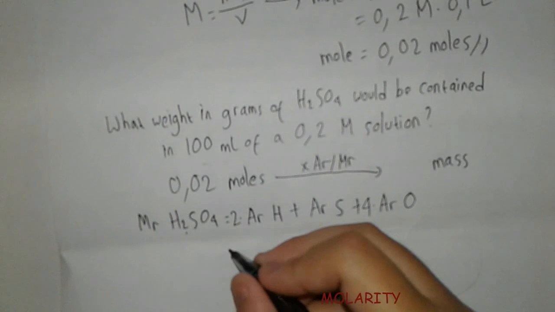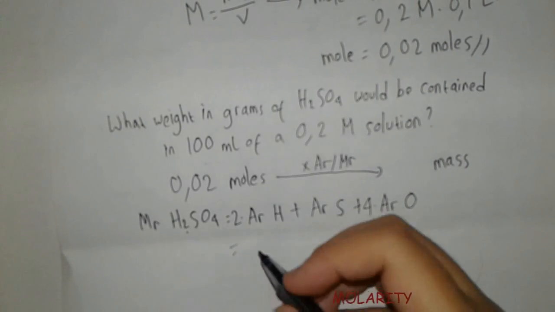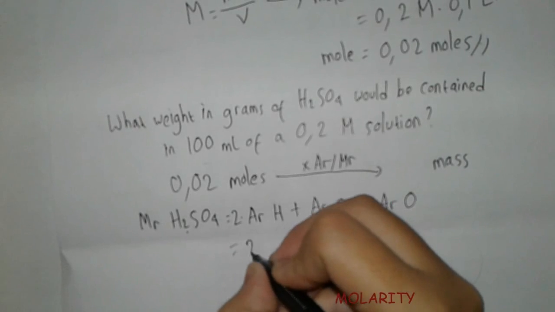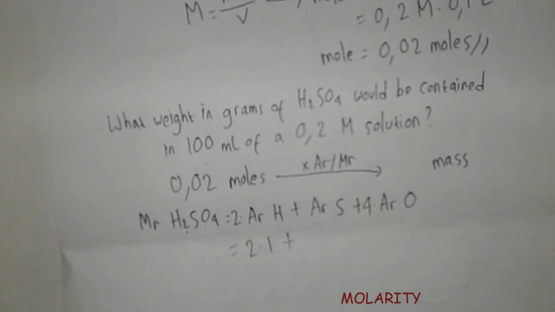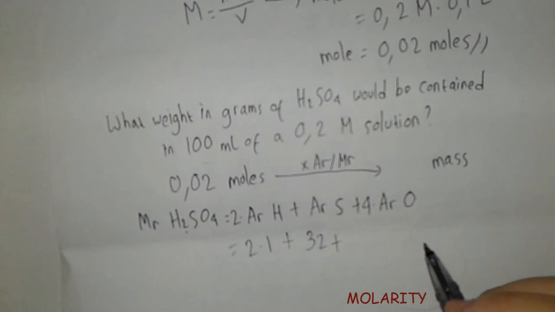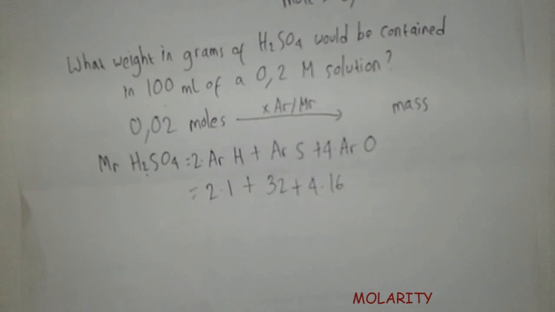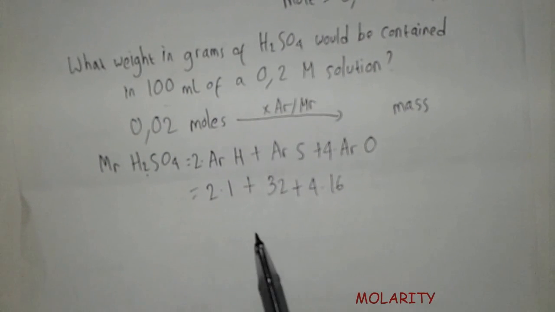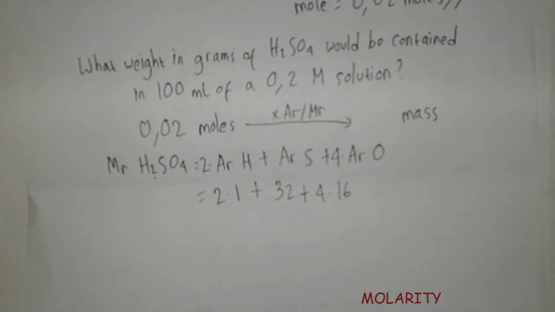If you don't remember these values, you can check your periodic table. The atomic relative mass of hydrogen is 1, so we write 2 times 1, plus the atomic relative mass of sulfur, which is 32, and the atomic relative mass of oxygen, which is 16. So 2 times 1 plus 32 plus 4 times 16.